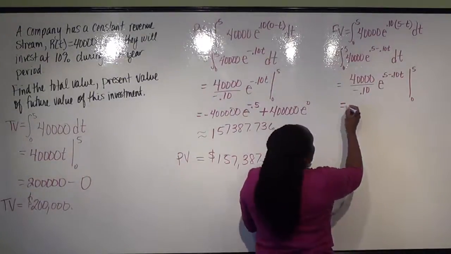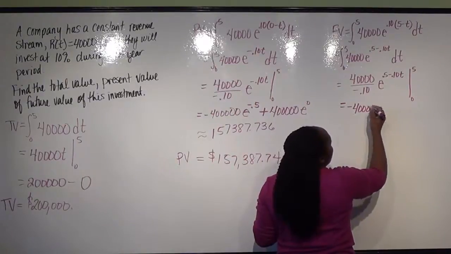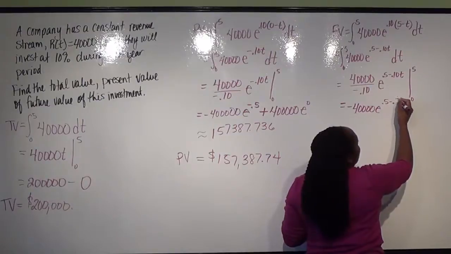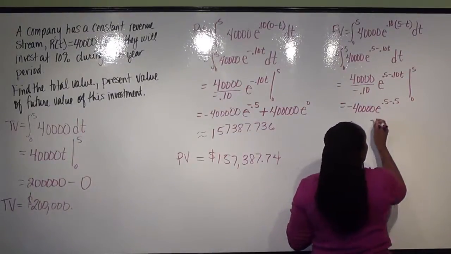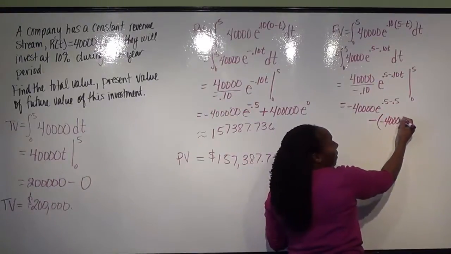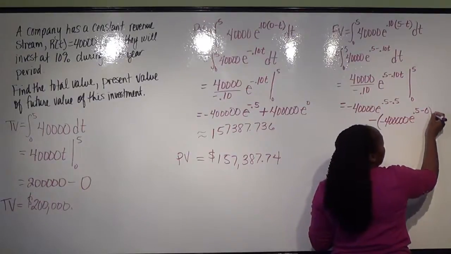So, at my upper limit, I'm going to have the negative 400,000 e to the 0.5 minus 0.5, which will simplify a little bit, minus, at my lower limit, we'll get that negative 400,000 e to the 0.5 minus 0.